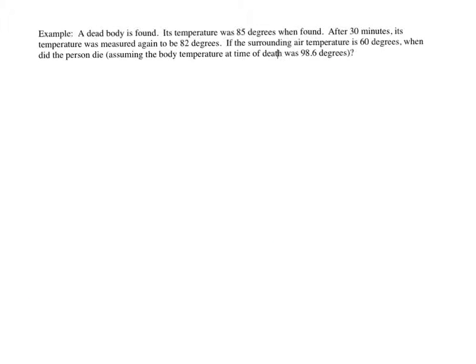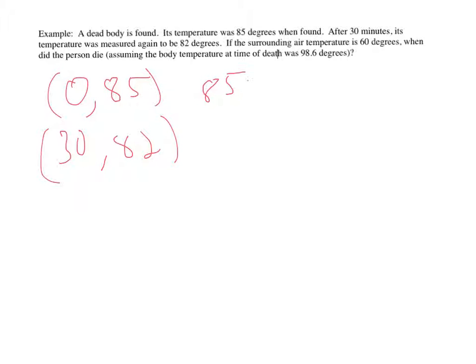So it's a similar kind of setup. We know the initial temperature is 85. After 30 minutes, it's down to 82. We know the surrounding temperature is 60. So I know that 85 equals A times e to the k times 0 plus the surrounding temperature, which is 60.